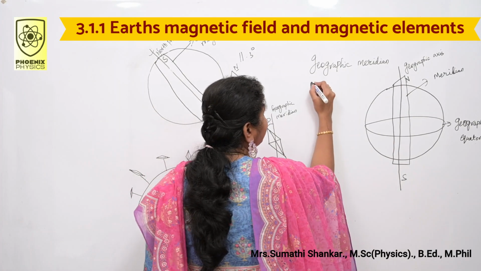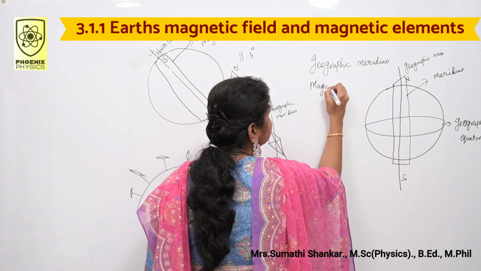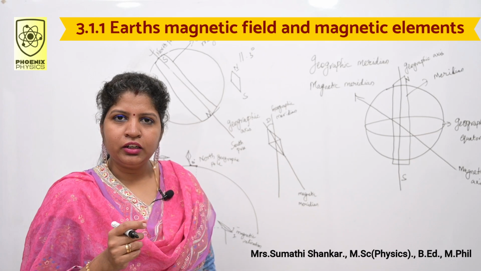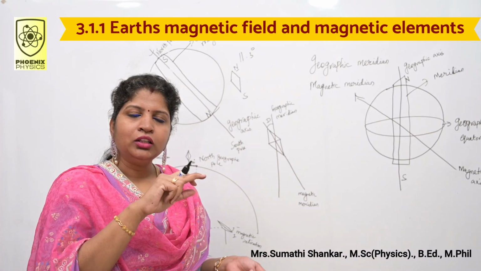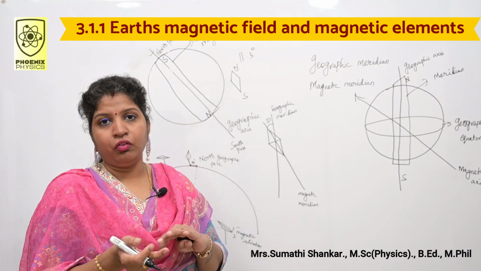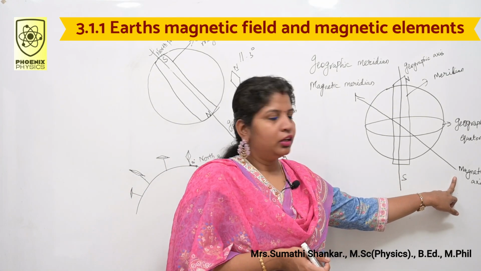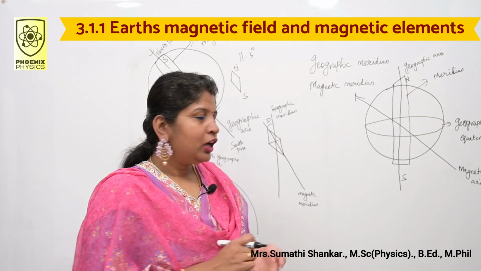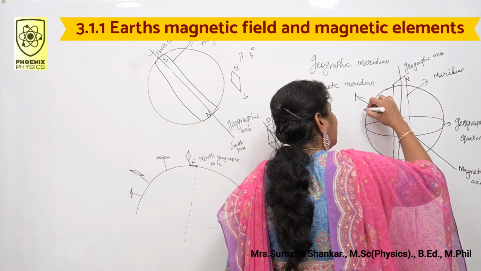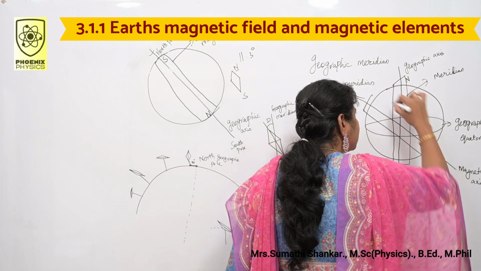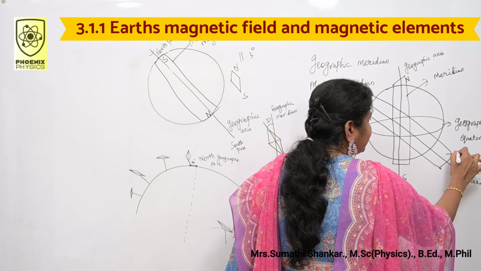What about magnetic meridian? The straight line connecting north and south pole of the magnet is called magnetic axis. A vertical plane passing through this magnetic axis is called magnetic meridian.